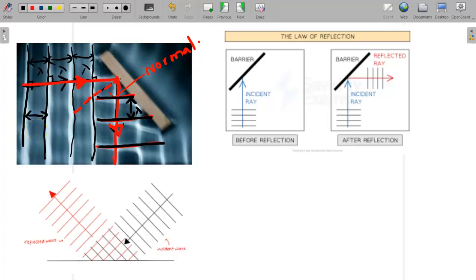as before it was reflected. The spacings are the same, because after reflection the wavelength and speed do not change.